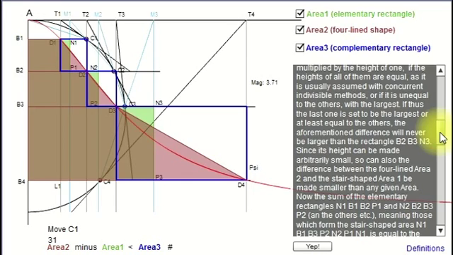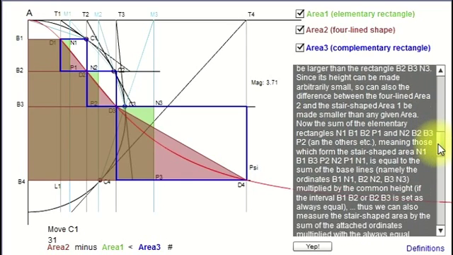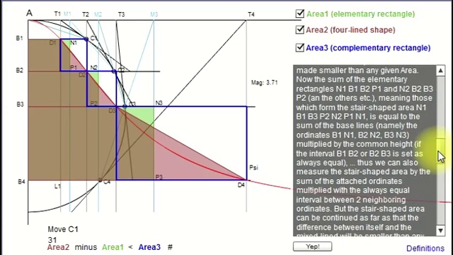Now the sum of the elementary rectangles n1, b1, b2, p1, and n2, b2, b3, p2, and the others, etc., meaning those which form the stair-shaped area n1, b1, b3, p2, n2, p1, n1, is equal to the sum of the baselines, namely the ordinates b1, n1, b2, n2, b3, n3, multiplied by the common height if the interval b1, b2, or b2, b3 is set as always equal.